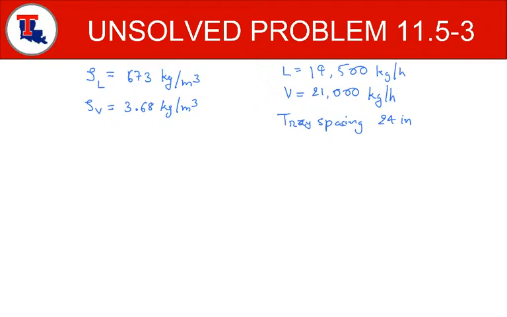So now we can figure out the flow parameter. L by V times raw V by raw L raised to 0.2.